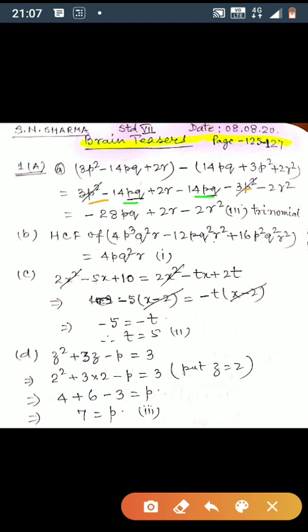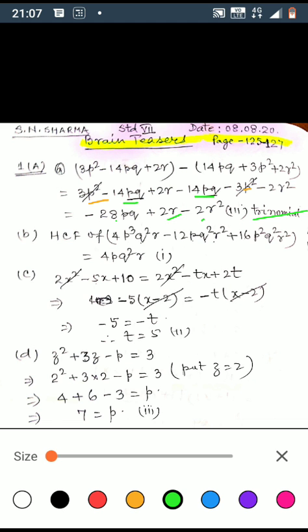So this algebraic expression has three terms, so it is a trinomial. So your answer is 3, trinomial. Question number B, HCF of the given algebraic expressions.